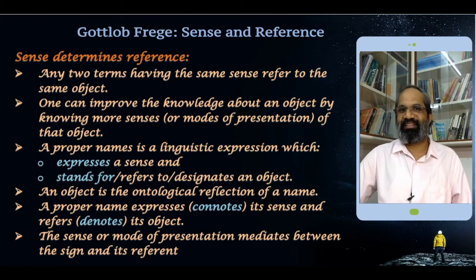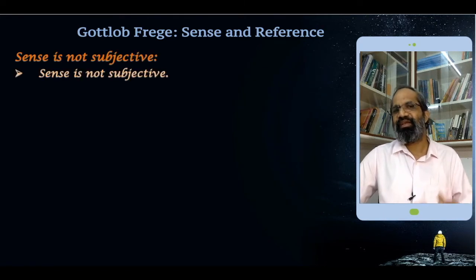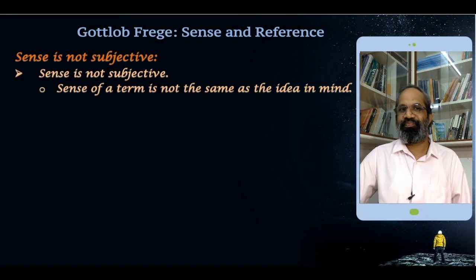That's what Frege says. And we should not misunderstand sense to be subjective. Sense is not subjective. As in the case of Moore also, we have seen that the meaning of a proposition is not subjective. It doesn't depend upon the thinking mind. Sense of a term is not the same as the idea in mind.